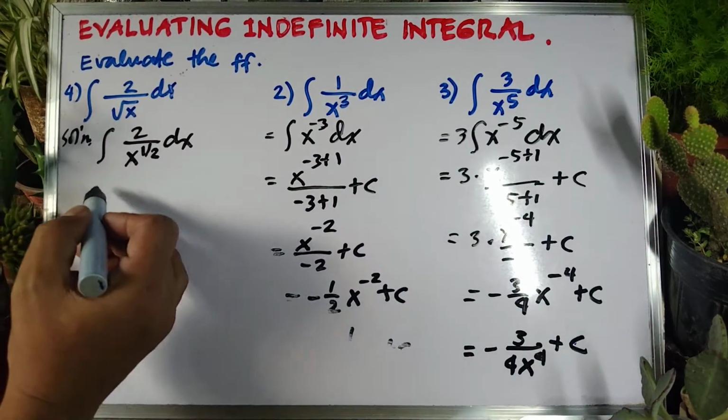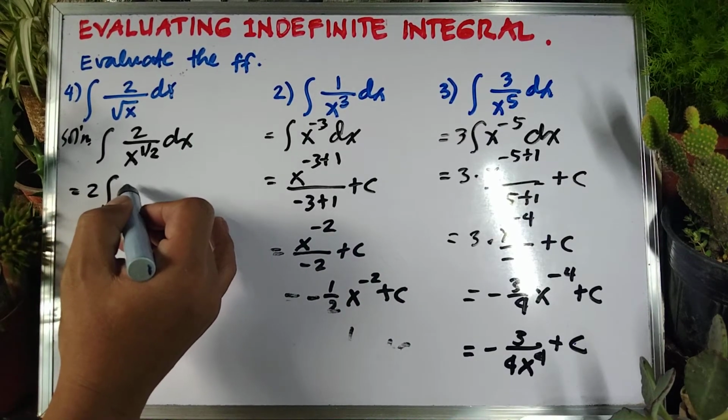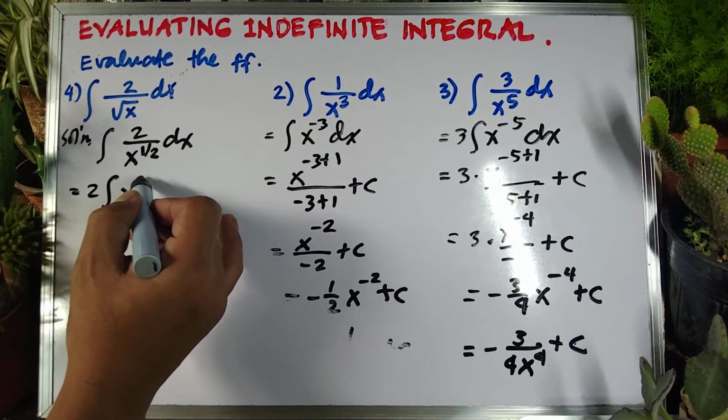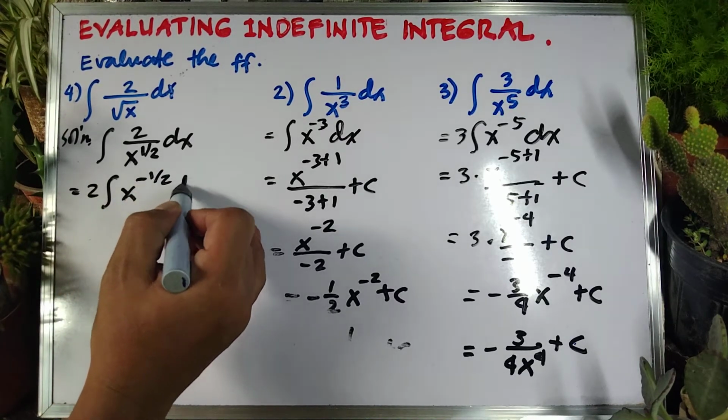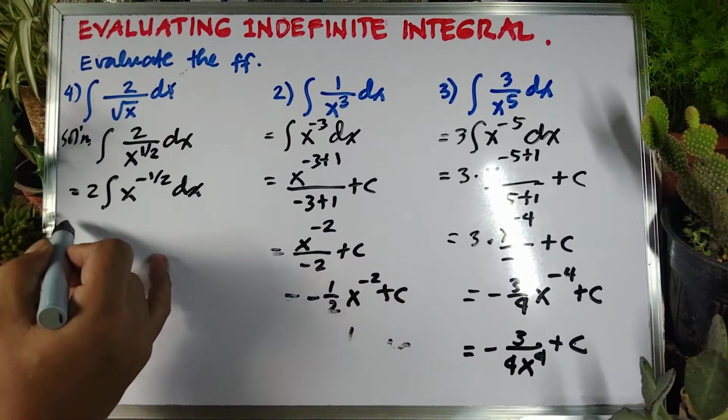Okay? So, that is still equivalent to 2, and it is simpler. Let's bring x up, so x to the power of negative 1/2 dx. Okay, it's just the same as number 3. So, let's integrate.